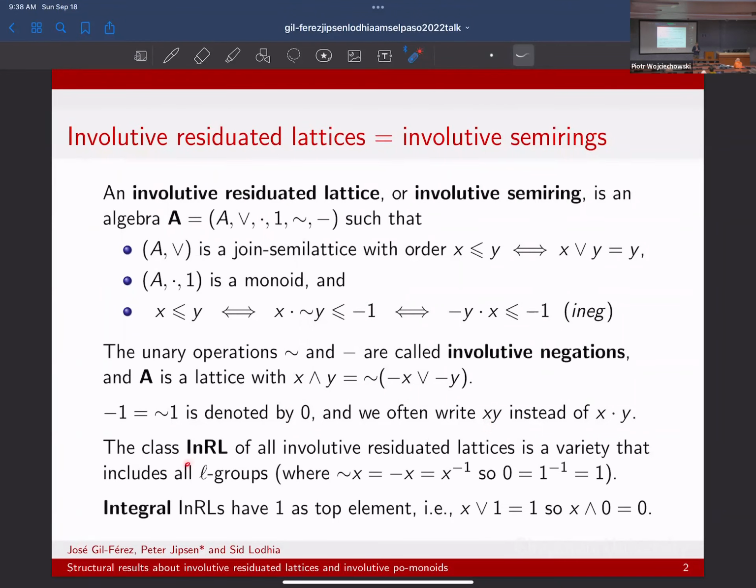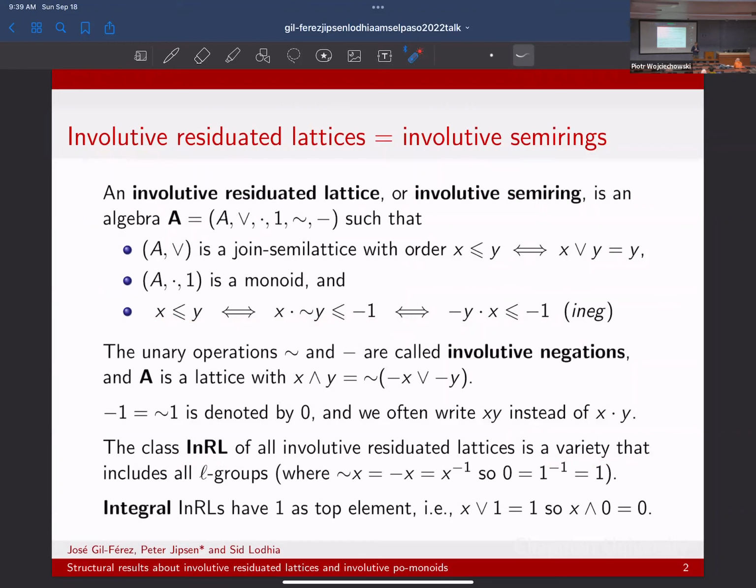And the class of all these involutive residuated lattices, as I will refer to them in this talk, but if I were giving a computer science talk, I might call them involutive semirings. The interesting thing is it's a variety. In spite of the fact that this property here is not equational, it can be translated into some very short, simple equations that you don't use in practice, so it's not worth writing them down.